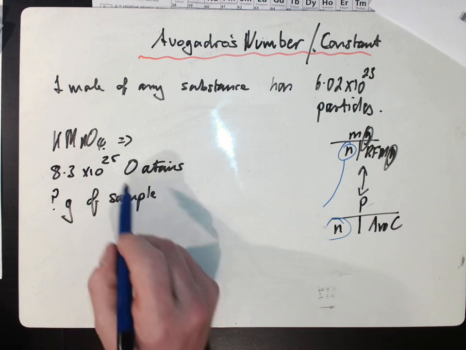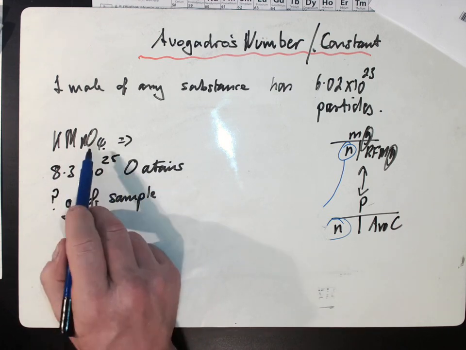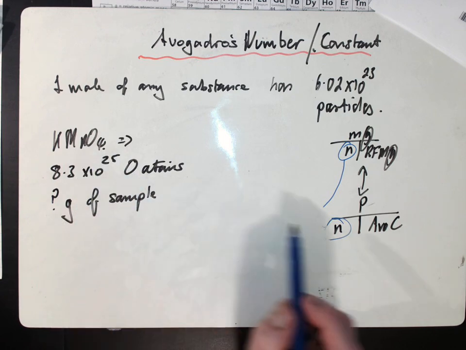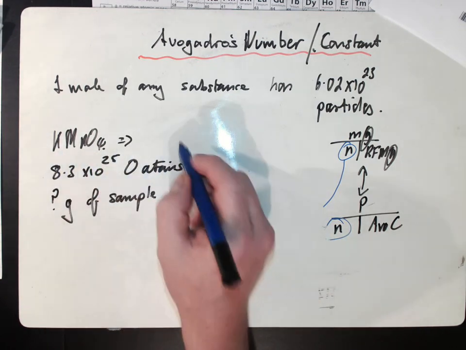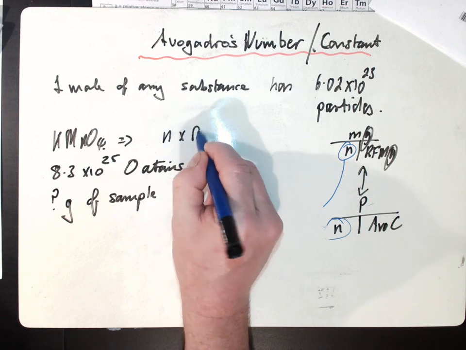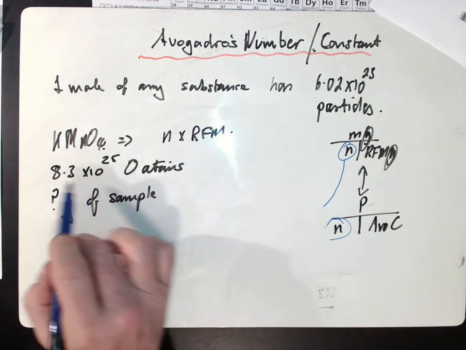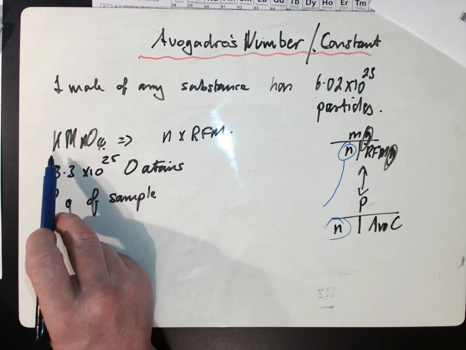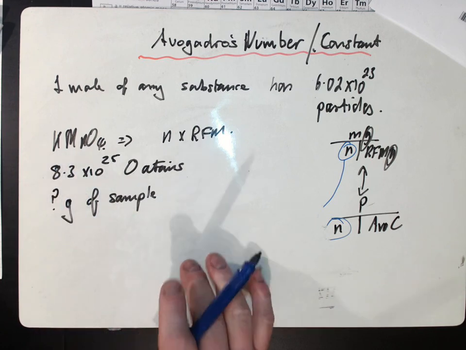Well, that's how many atoms of oxygen we've got in it. So in order to work out the mass of this, we've got to get moles of this times the RFM. So I've got to go from oxygen atoms to moles of potassium permanganate.